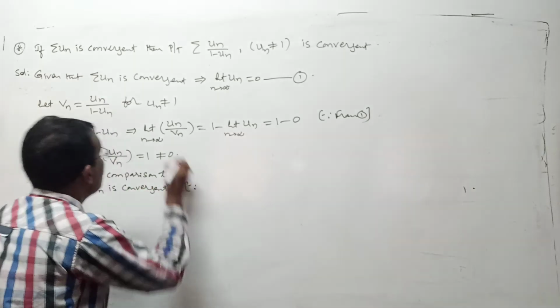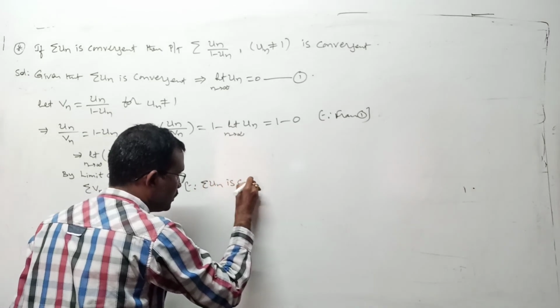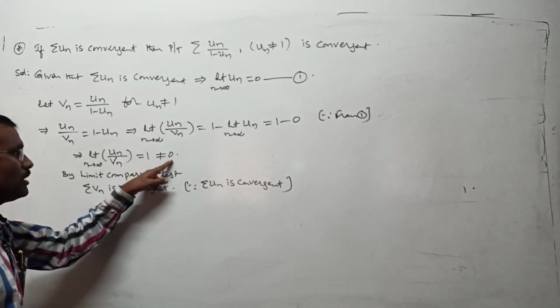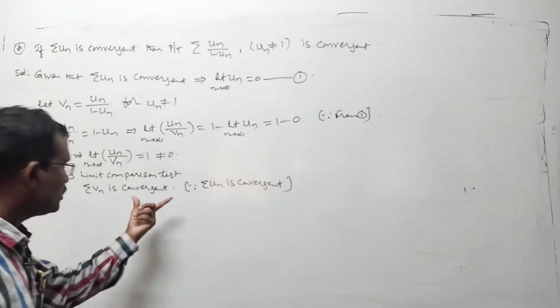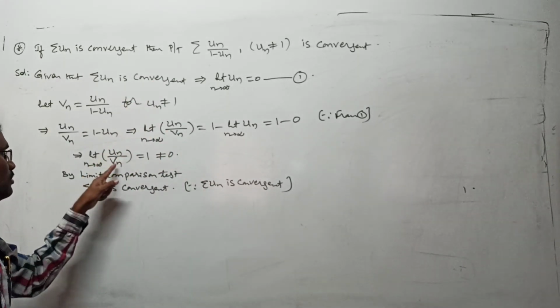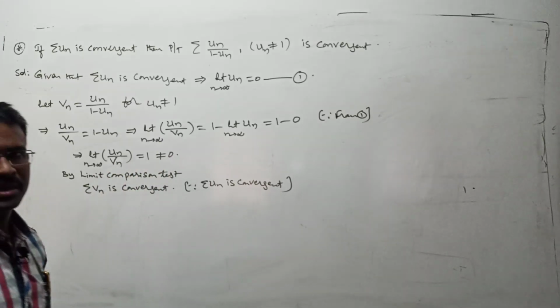The reason is, already sigma u_n is convergent. To apply the limit comparison test, limit u_n by v_n is not equal to 0, and if one series is convergent, then the other series is also convergent. Already sigma u_n is convergent and limit u_n by v_n is not equal to 0, so sigma v_n is also convergent by the limit comparison test.